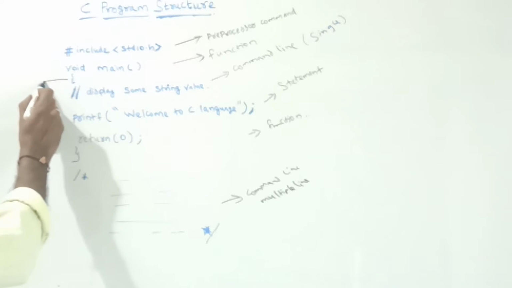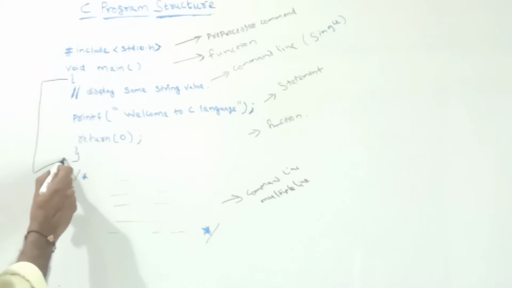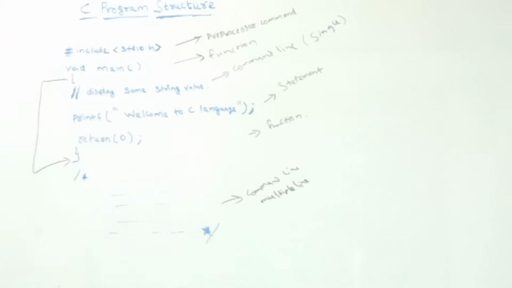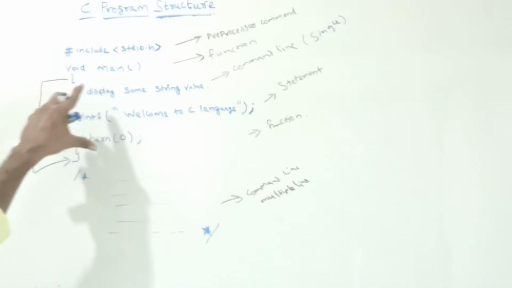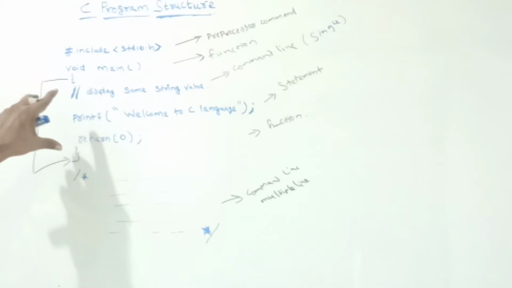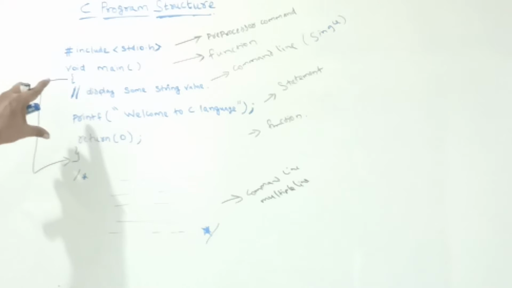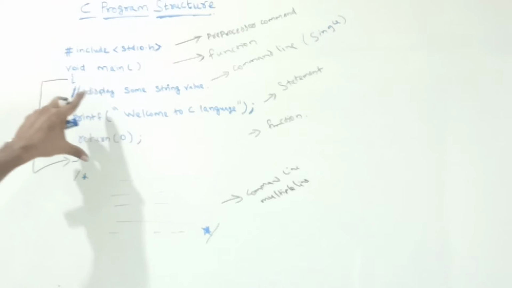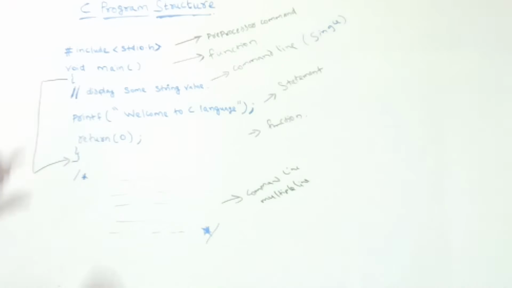This is the open brace, this is the closed brace. In the void main function, we should compulsorily use these open and closed braces. Within these braces only, we should write every statement, comment line, expression, everything, inside the open and closed brace of the main function.